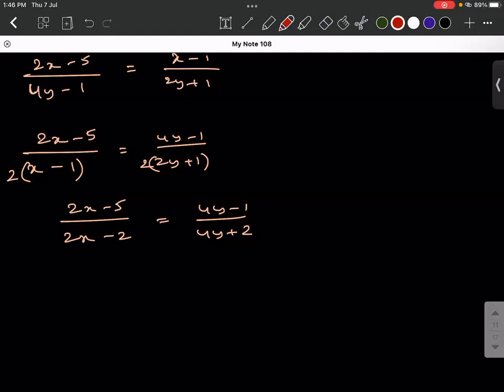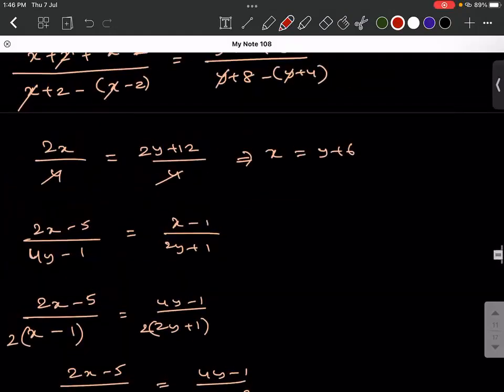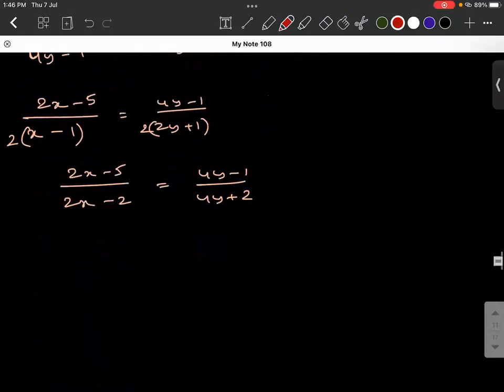Is it getting cancelled? Because here 2x is there, I wanted this coefficient also to become 2.